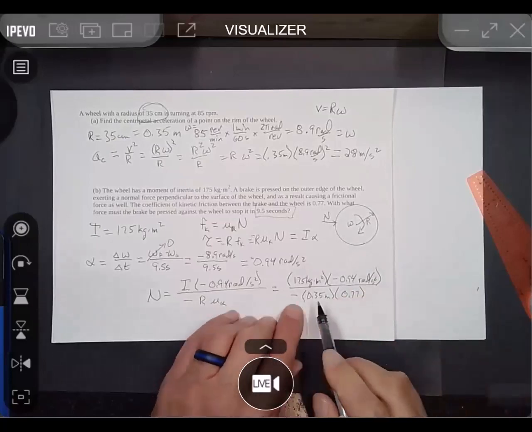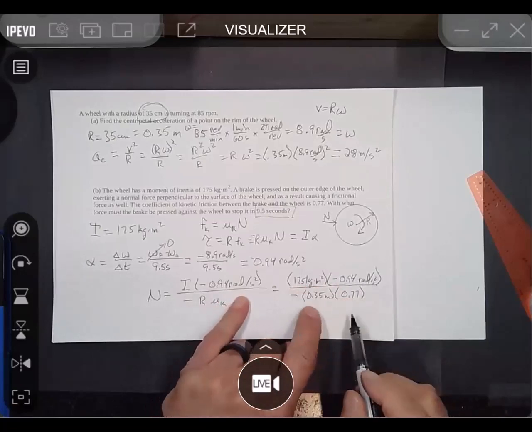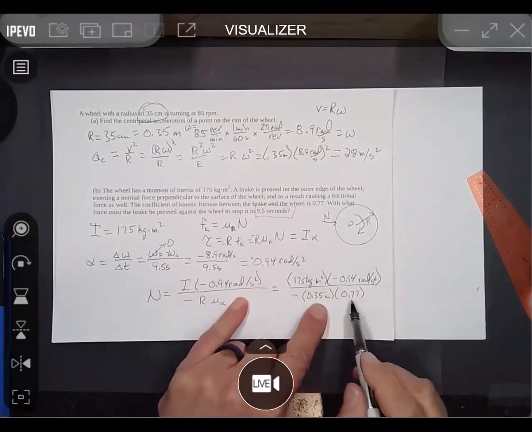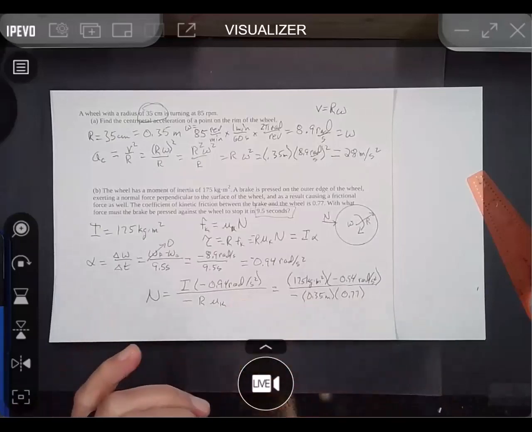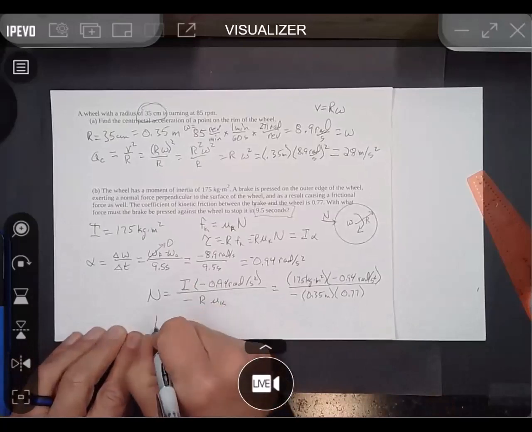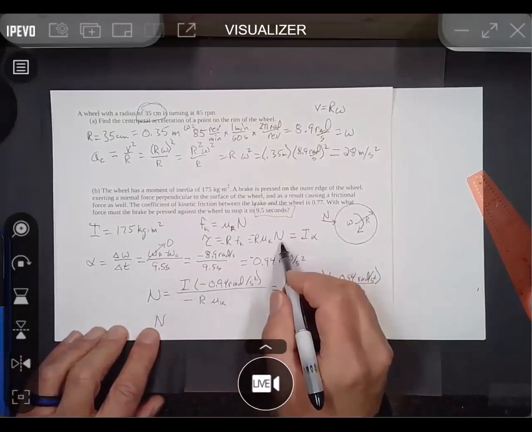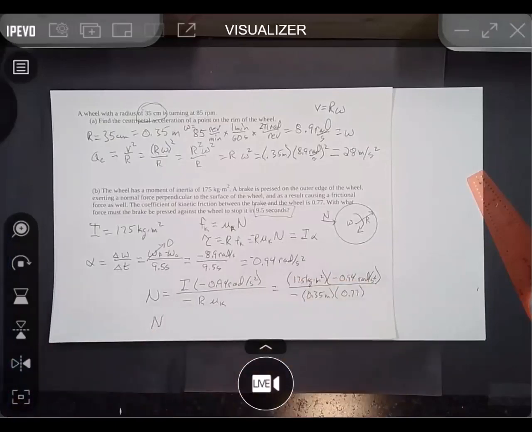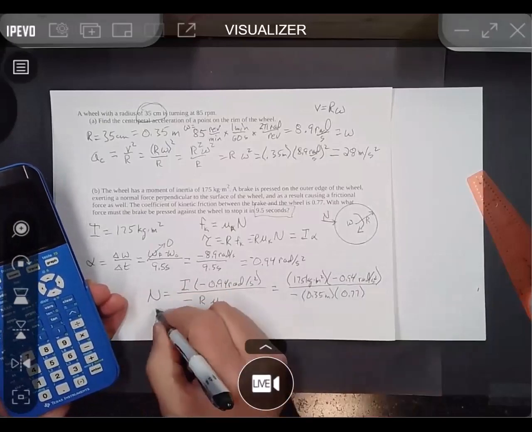So unit-wise, on top, we've got kilogram meter squared per second squared. I'm dividing by meters. That's the only unit I've got on the bottom. So it'll end up being kilogram meters per second squared, and that's newtons. So the normal force, which I wrote with a capital N, and I usually use a lowercase n for those, but I wasn't thinking here. Anyway, that's normal force.